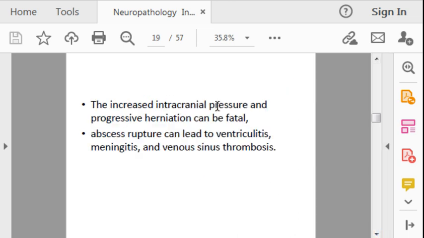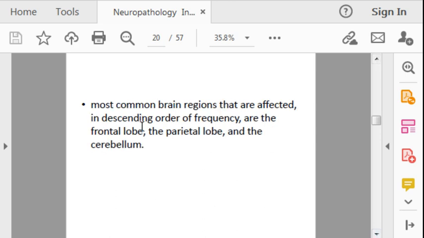The increased intracranial pressure and progressive herniation can be fatal. Abscess rupture can lead to ventriculitis, meningitis, and venous sinus thrombosis. The most commonly affected brain regions, in descending order of frequency, are the frontal lobe, the parietal lobe, and the cerebellum.